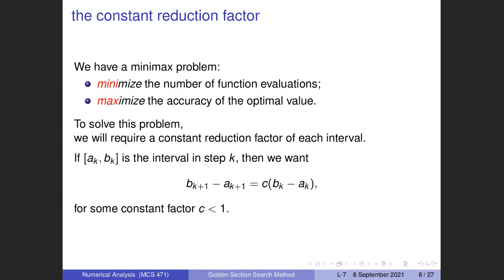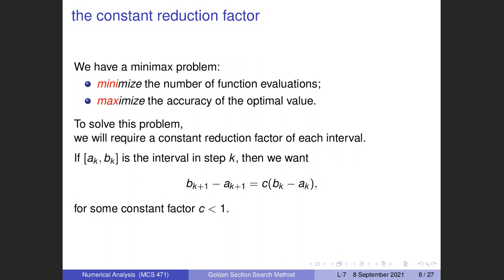What is our minimax problem? We want to minimize the number of function evaluations and at the same time maximize the accuracy of the minimum that we are approximating. So the enclosing interval needs to be as small as possible.